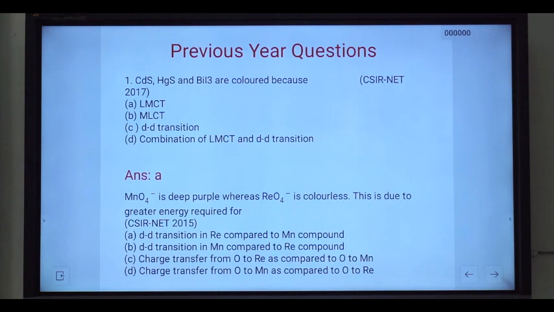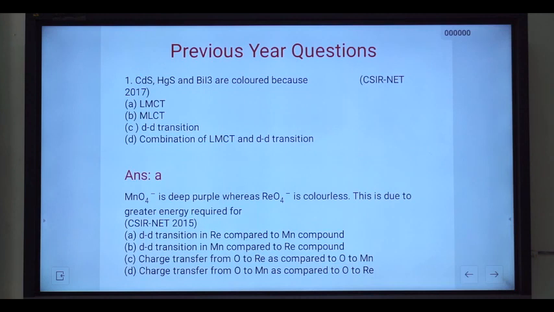ReO4 negative includes the 5d orbital, that is why the LMCT energy will be more in case of ReO4 than MnO4. Then see the options: charge transfer from oxygen to rhenium as compared to oxygen to manganese. So in the question, this is due to the greater energy required for oxygen to rhenium as compared to oxygen to manganese. So the correct option will be C.